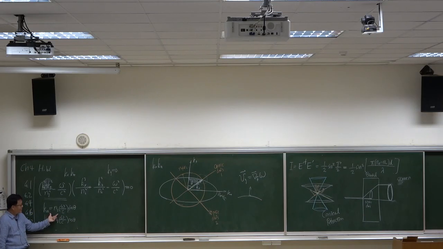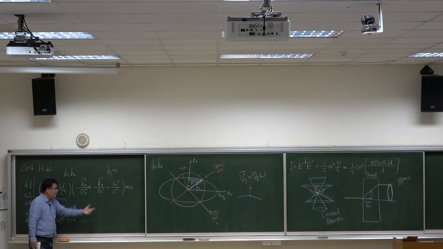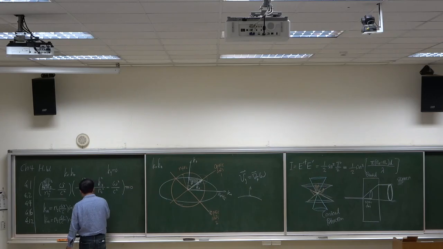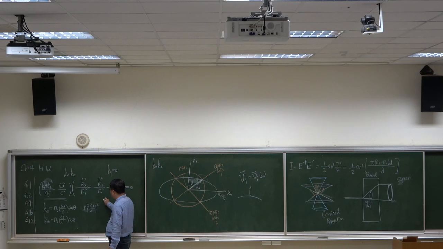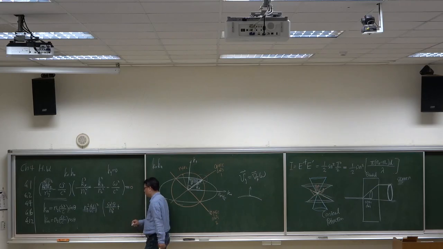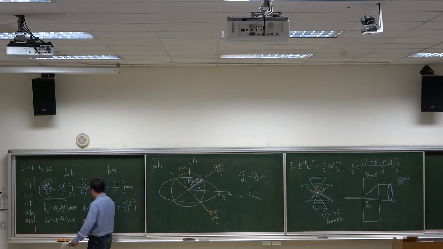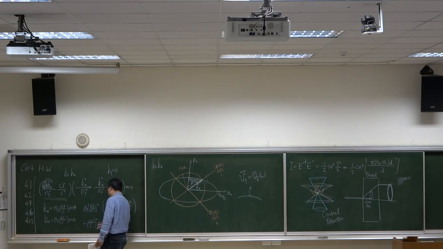If we substitute this and this into this equation, we see that now we have ny squared times (omega over c) squared times sine squared theta over nz squared plus cosine squared theta over nx squared, minus (omega over c) squared, is equal to 0.